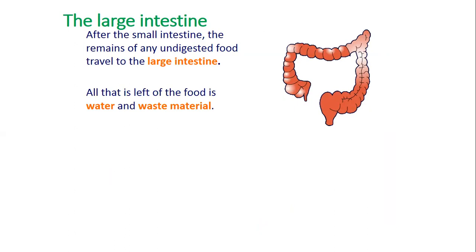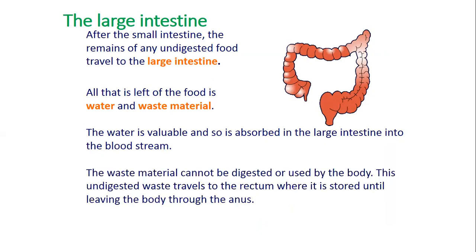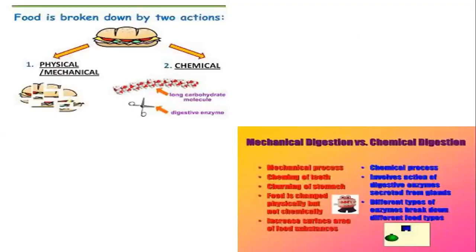All that is left of the food is water and waste materials. The water is valuable and so is absorbed in the large intestine into the bloodstream. The waste material cannot be digested or used by the body. This undigested waste travels to the rectum where it is stored until leaving the body through the anus.